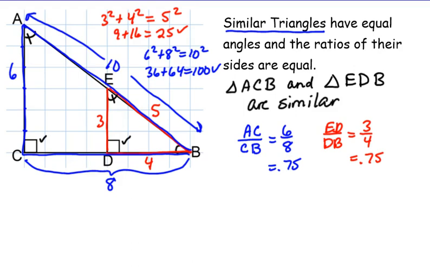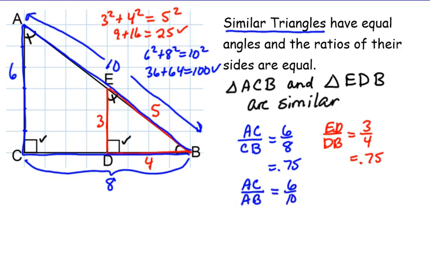We could pick another pair of angles. We could say that if we look at the ratio of the shorter leg to the hypotenuse, we would have AC, in blue again, AC over the hypotenuse, AB, is equal to 6/10.